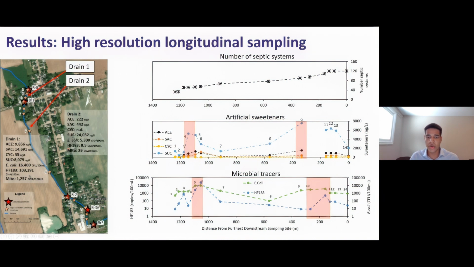So there's a large increase in concentration at the upstream location here and at the downstream. And the fact that the microbial tracers have such a high concentration at these locations indicate that there's more rapid pathways of effluent reaching the stream.